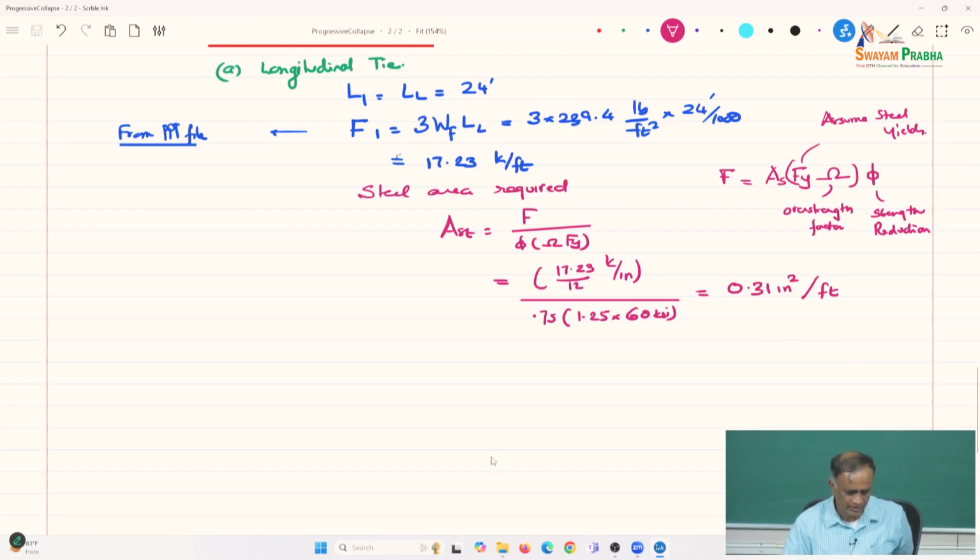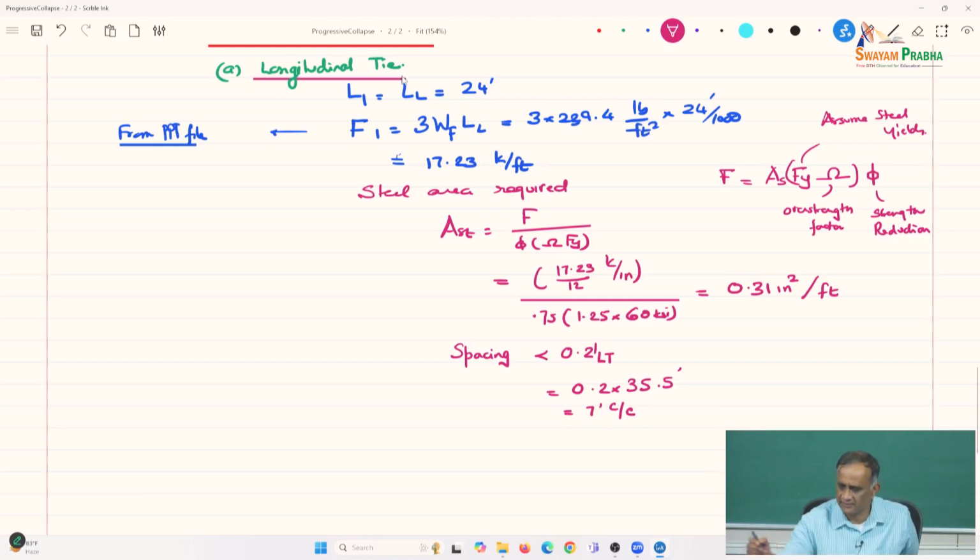The spacing should be less than 0.2 LT. So, if you provide 1 or 2 bars, that is why the spacing is restricted. So, this is 7 feet center to center. So, this was a longitudinal tie.